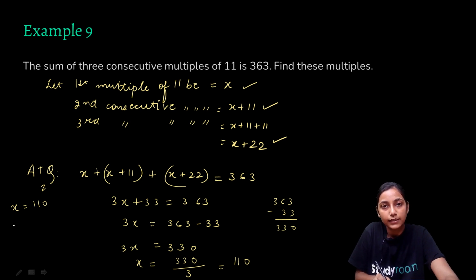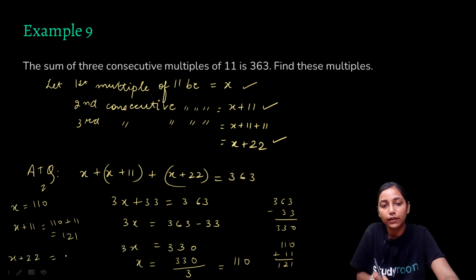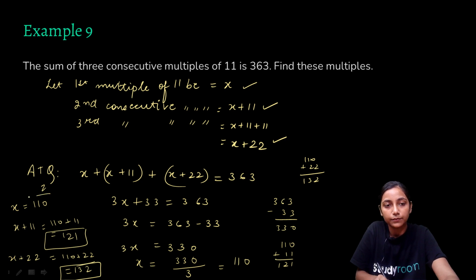The second multiple is x plus 11, that is 110 plus 11, that is going to be 121. The third multiple is going to be x plus 22, that is 110 plus 22, that is 132. So these are the three consecutive multiples that were required.